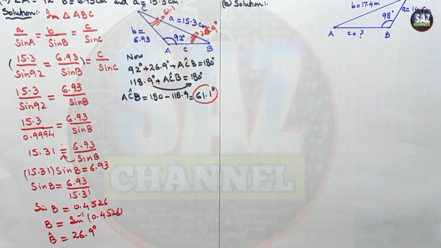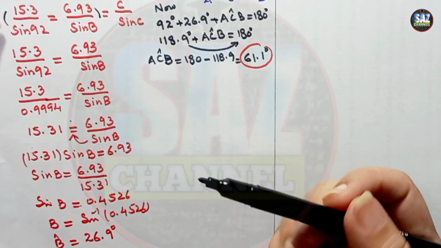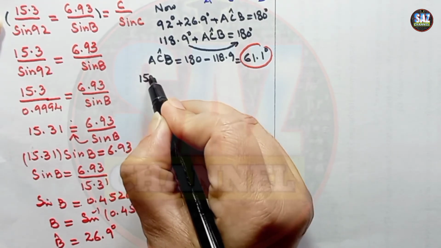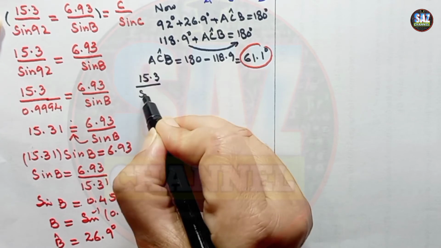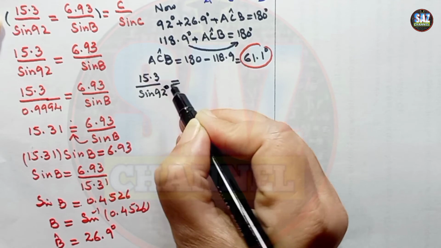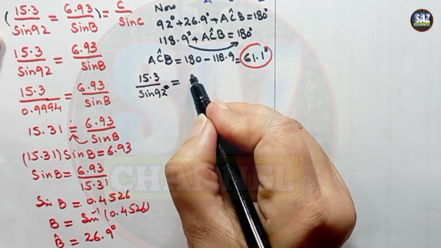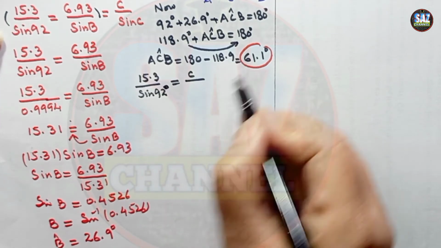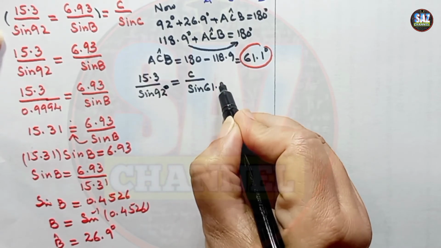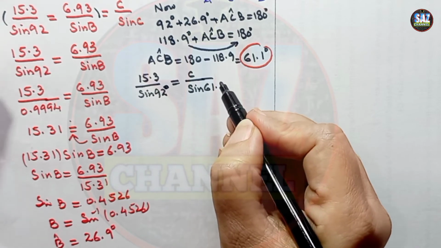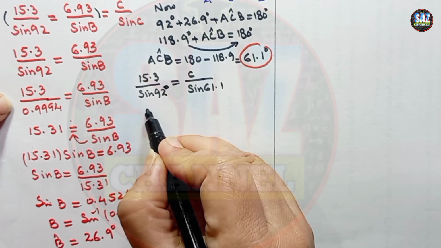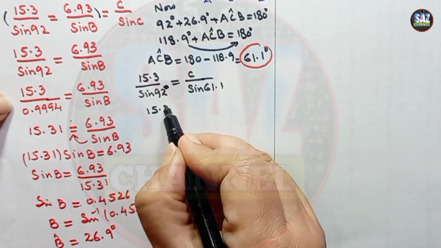For the calculation of length c, again I take 15.3 upon sine 92 degrees equals c upon sine of angle C, which we just calculated, sine 61.1. We have already done this calculation, so we copy it carefully from the previous part.